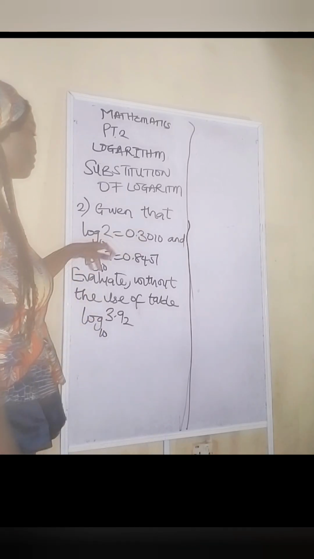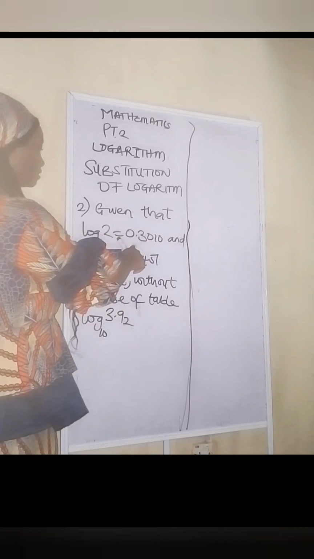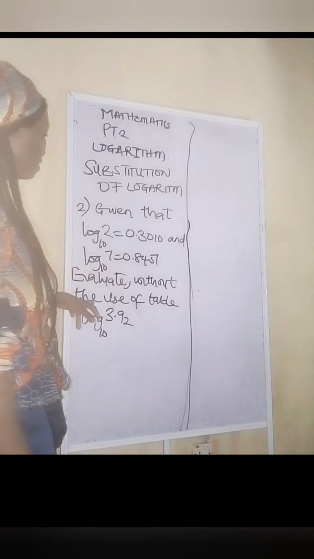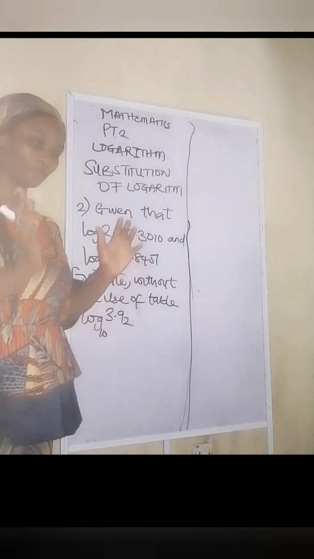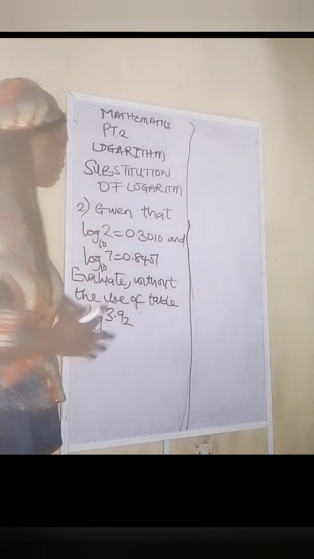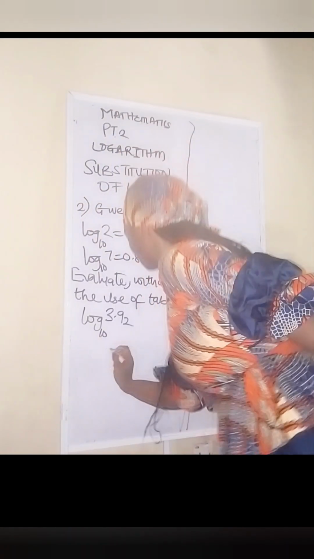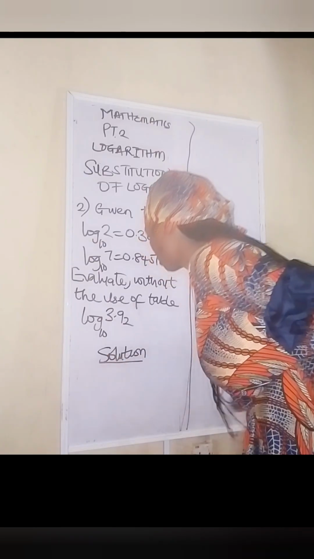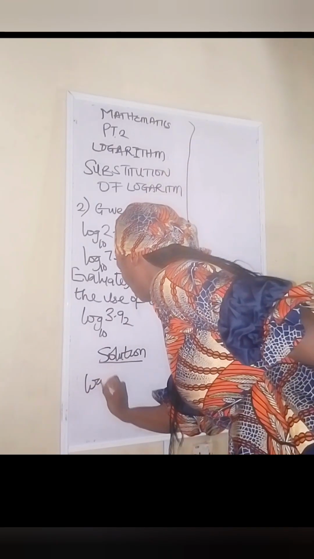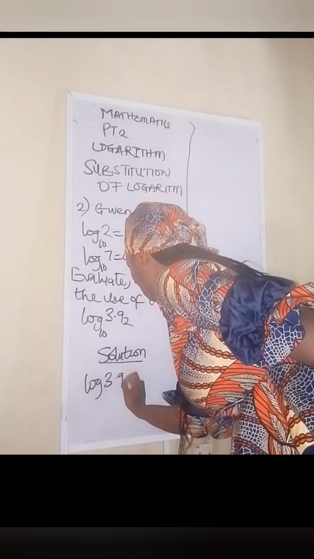Given that log 2 base 10 is 0.3010, evaluate without the use of table log 3.92 base 10. Very simple. Yes. So let's solve this. So now we have to solve log 3.92 base 10.